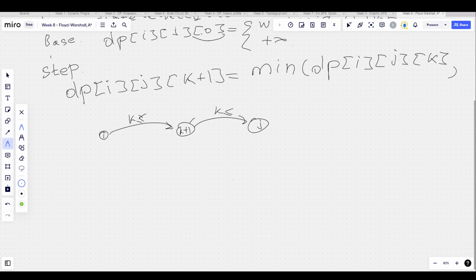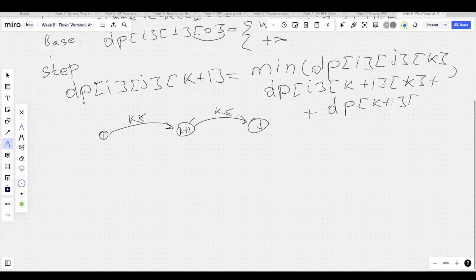So our DP will be, when we necessarily include vertex k plus 1, dp i k plus 1 at layer k plus dp k plus 1 j at layer k.